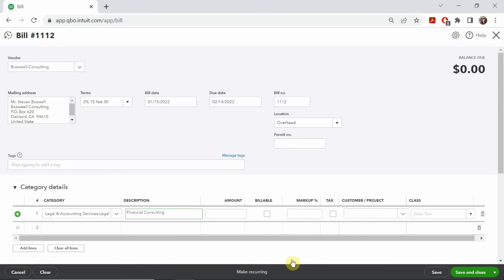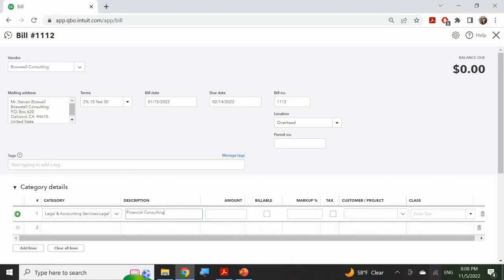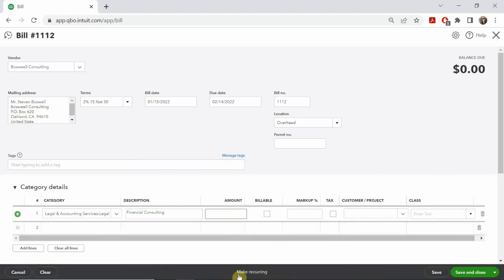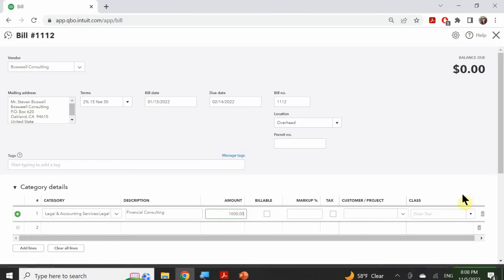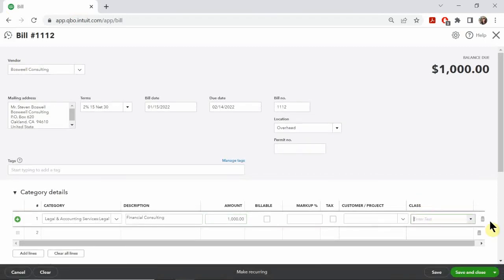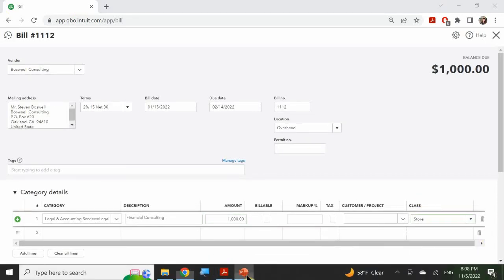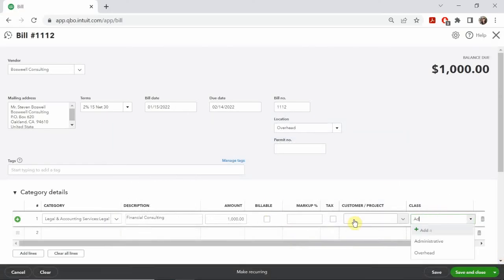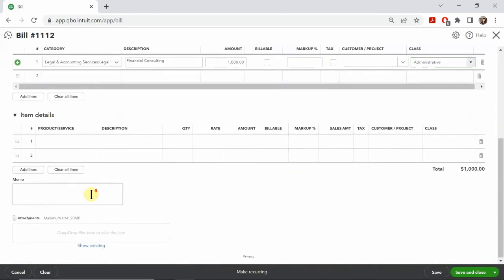So I want to make sure I covered this section so you know how to maximize use of the vendor credit system. Okay. So the amount here is for $1,000. Okay. And once again, this is for the store, or it could be for admin. Let's see. And yeah, we made it for admin. Okay. Administrative.